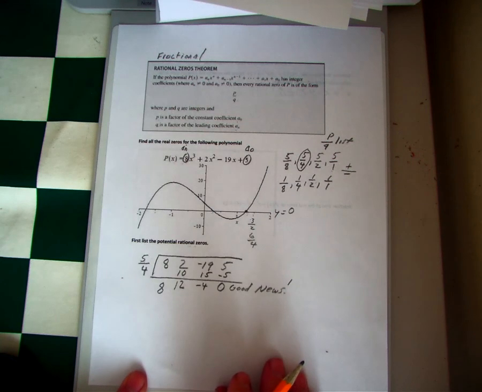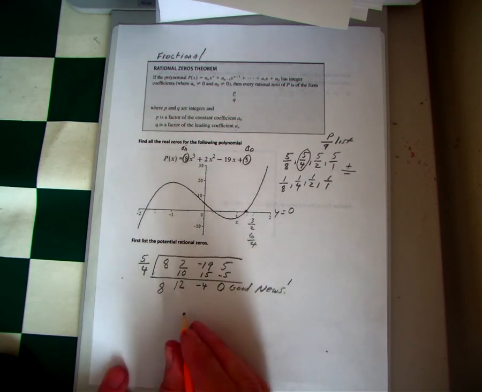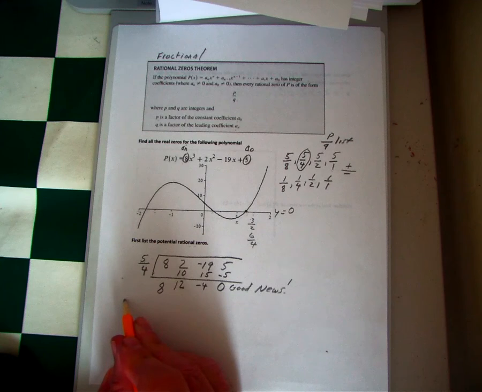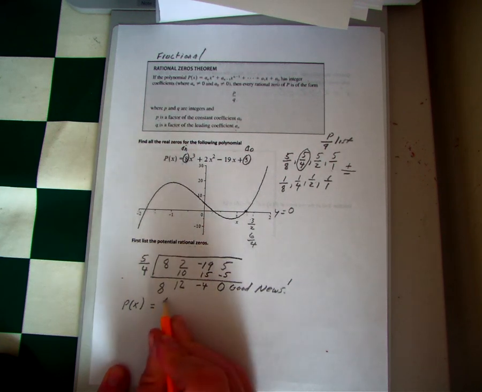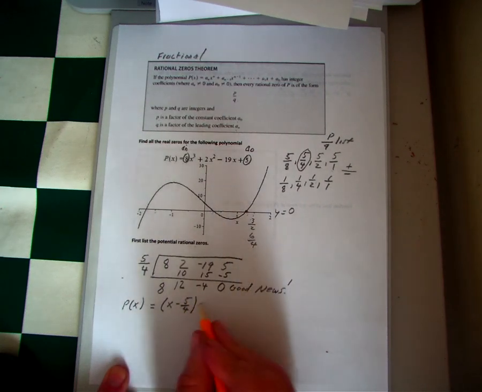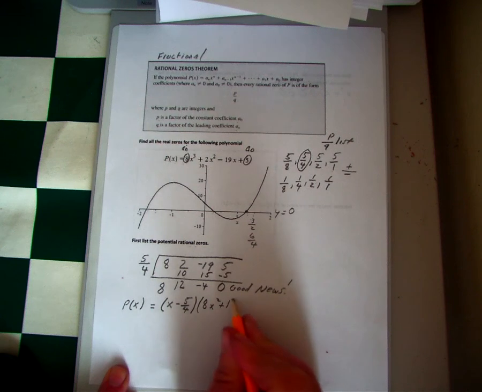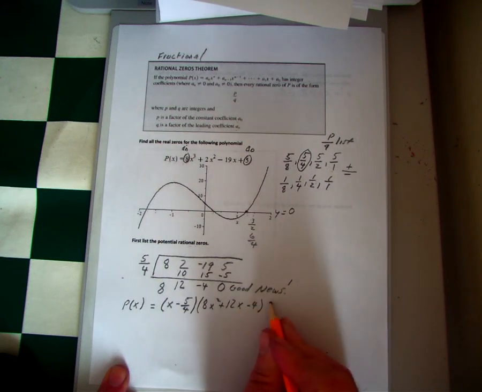We can actually use this information in a very favorable way. We now know that the original polynomial, I'm going to write a little smaller here, is equal to this: x minus 5 over 4, and based on what we did on the last exercise, I'll just put the plus 0 there for emphasis.